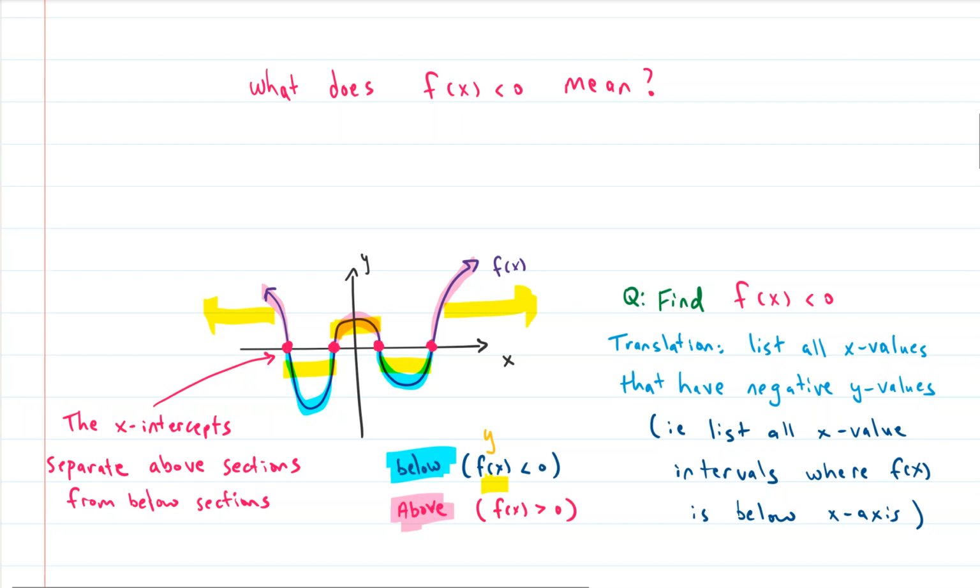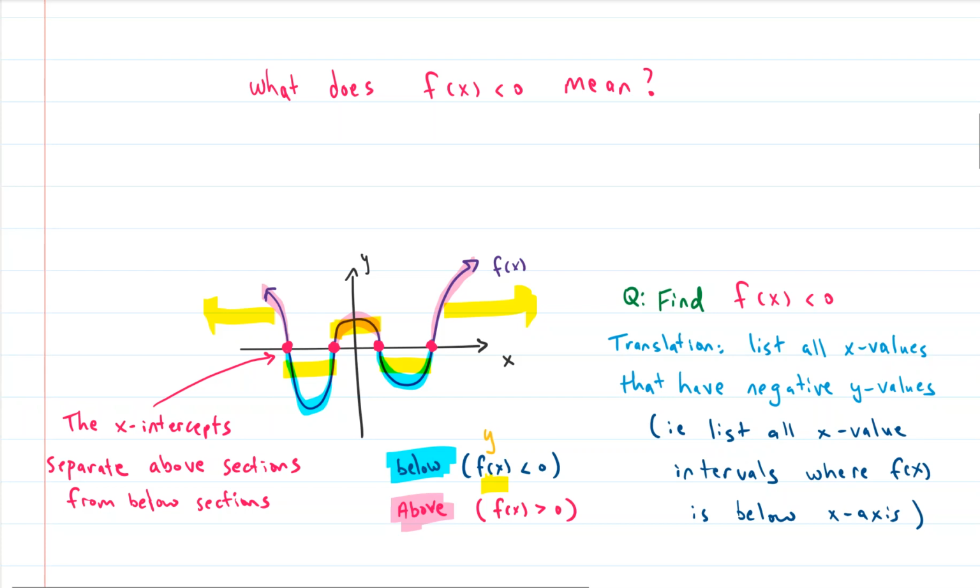So it's actually pretty helpful because we don't really care how far below the x-axis it is. We just want to know that it's below. Or if it's asking for where's the function above, we don't care how far above the x-axis it is. We just want to know that it's above the x-axis.